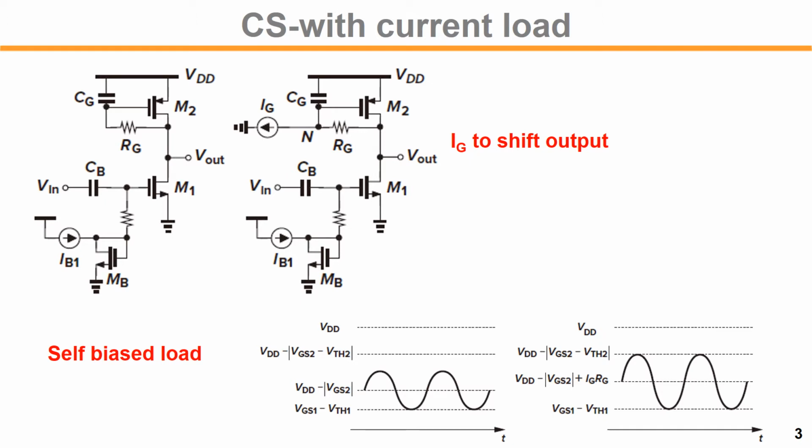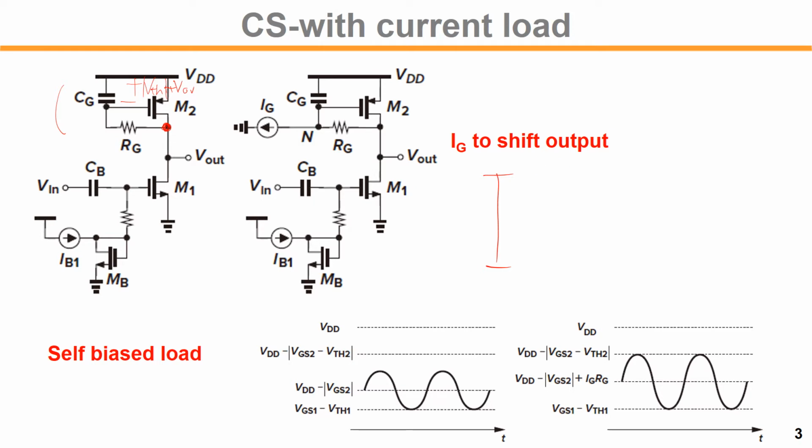The drawback of the self-biased load explained in this figure is the limited swing range. In some cases, you may end up with a smaller output swing range. For example, when you have a VTH plus overdrive voltage across the source and gate, the voltage swing can go up to, let's say, Vout. So what would the Vout range be?